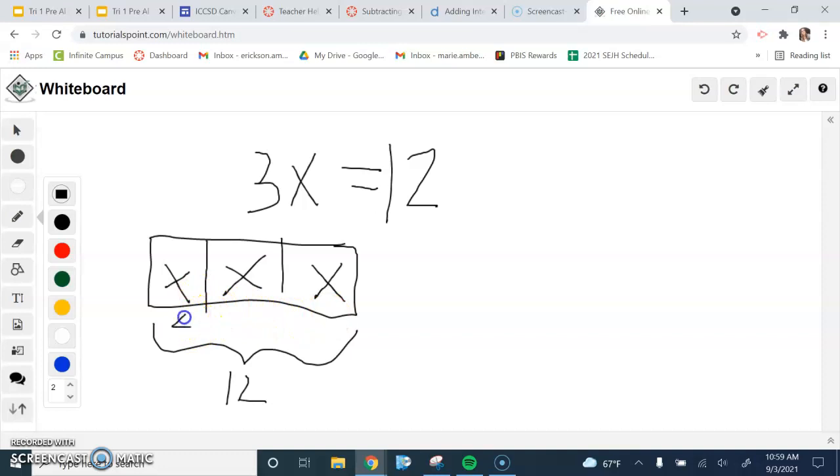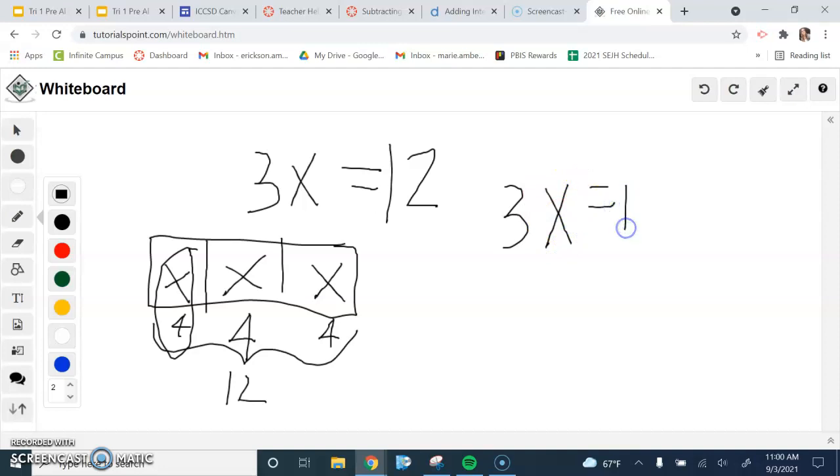Well, I know that 4 plus 4 plus 4 gets me to a +12. And I just need the value of 1x, so x is equal to 4. Or you can think 12 divided by 3, right?